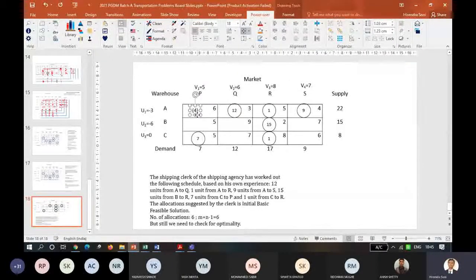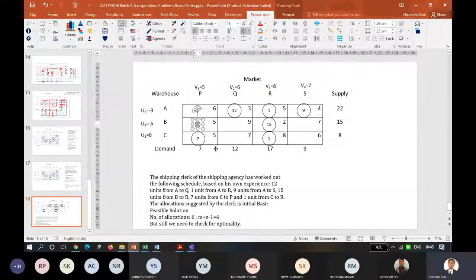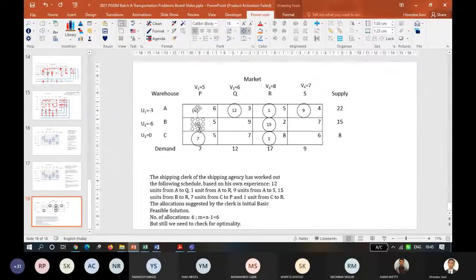Let us move to the next row. यहाँ पर क्या आएगा opportunity cost? -6 plus 5. -6 plus 5 is -1. 5 minus of -1 would be 6. Perfect? Yes, no?